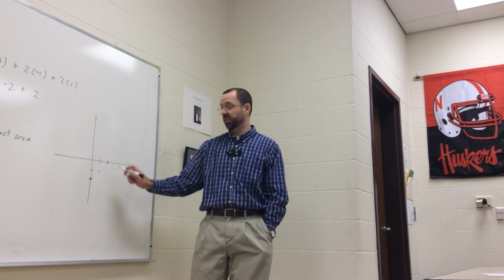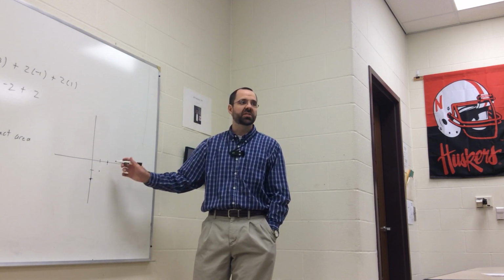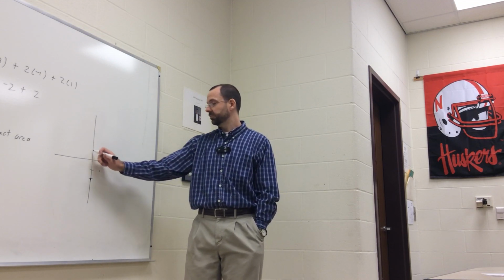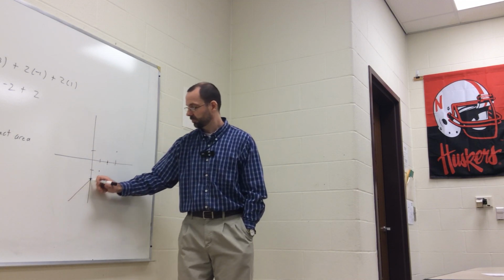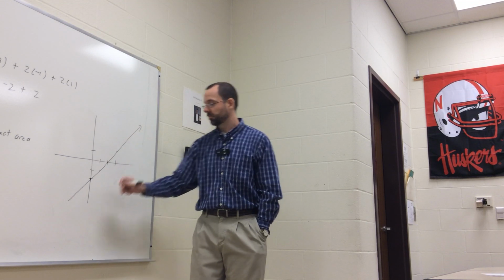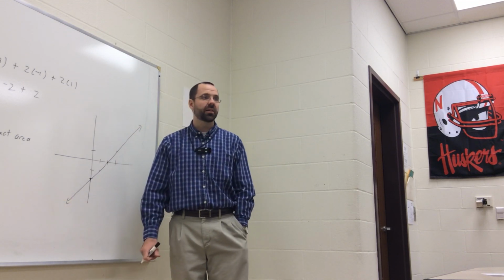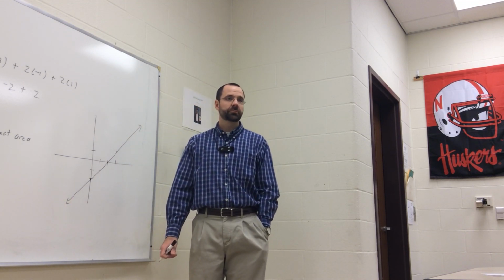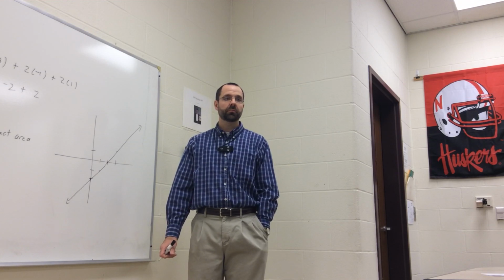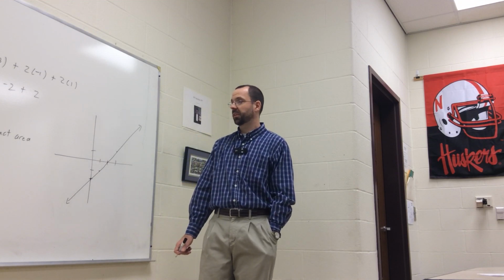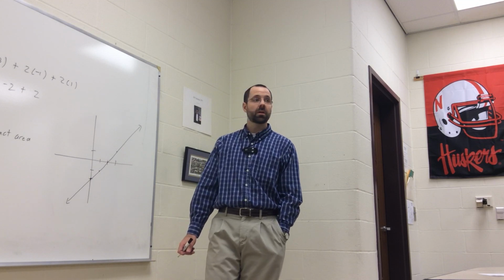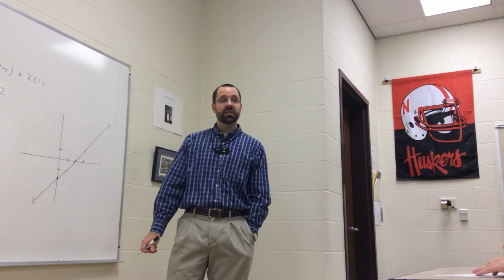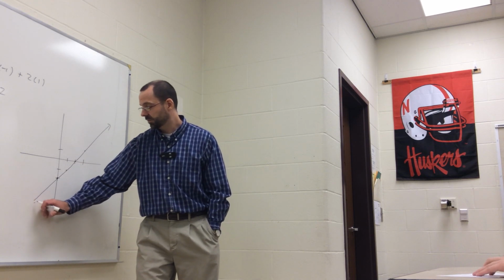So now I discovered that it hits at 2, which makes sense. So there's my line. So I'm supposed to be taking the area from negative 3 to 5.